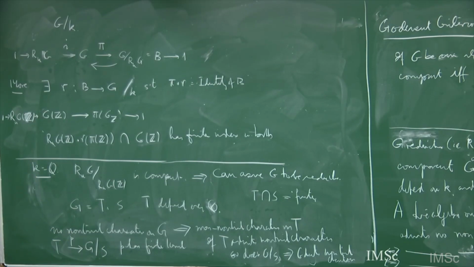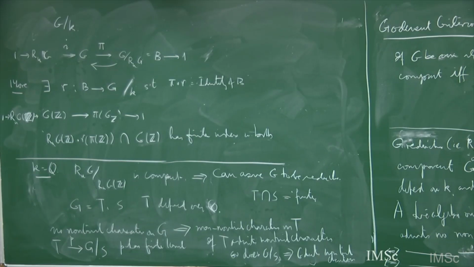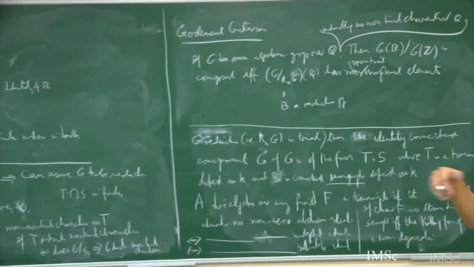So if G happens to be T, I will have to prove that TR by TZ is compact. There is no further condition. It's automatically true that it has no unipotent elements. So I will split it into two parts, one for the torus and then one for the semi-simple group, because you can pass the quotient to the torus and then you get a semi-simple group. The torus itself, if the theorem is true, the quotient is compact, and exactly as before, it's enough to prove it for the quotient.